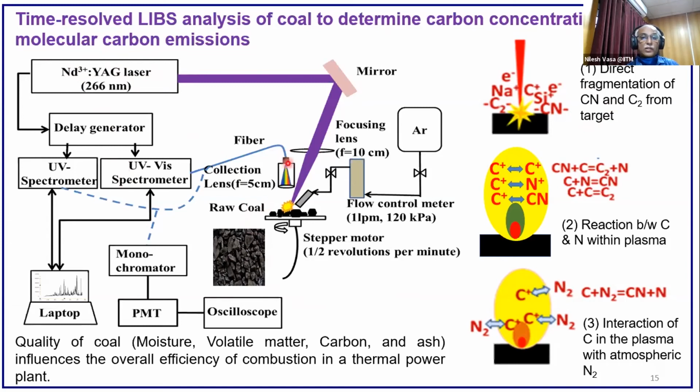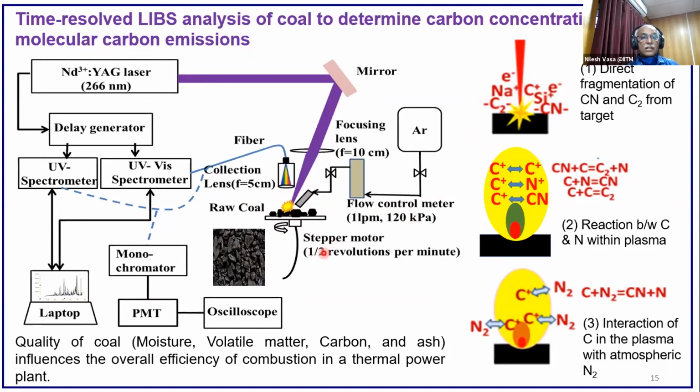Our approach here was more focused on trying to observe carbon emissions very clearly and distinctly, so that we can account for all those emission lines in our estimation of the carbon from the coal during ablation. And then we correlate it with the actual percentage of carbon measured using other techniques, such as ICP-OES.